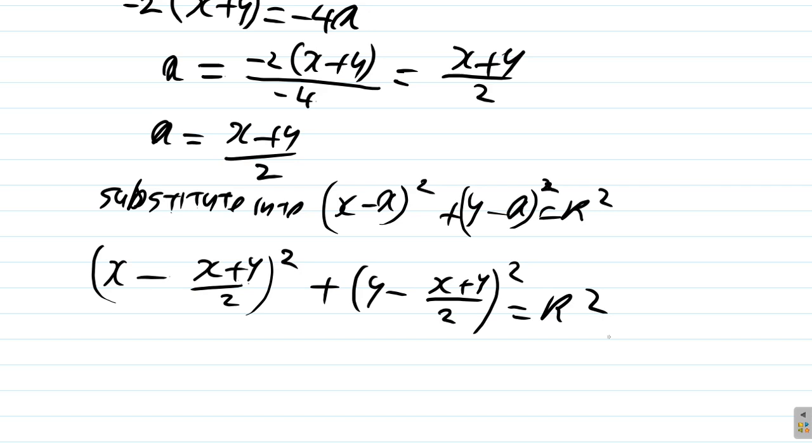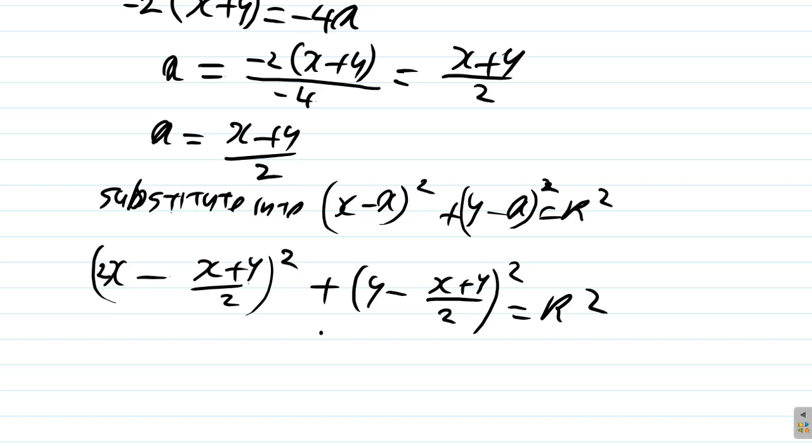Now how do we deal with this? It's going to be quite a lot of writing and probably somewhat messy if we square it as it is, so let's not do that. Let's try and simplify what's in the bracket first now. Suppose we multiply, let's use common denominators. Multiply top and bottom by 2.